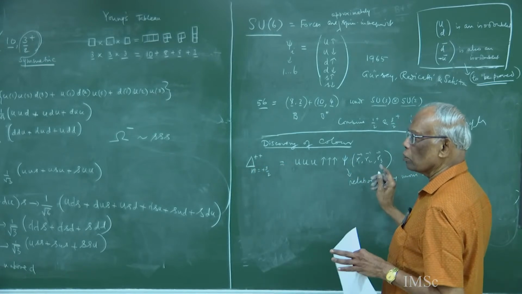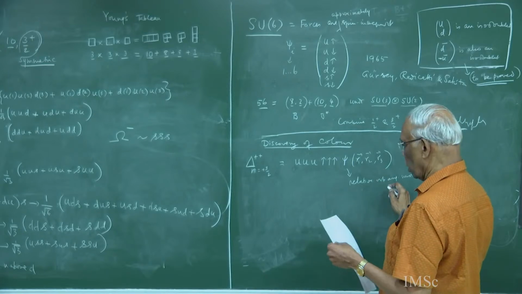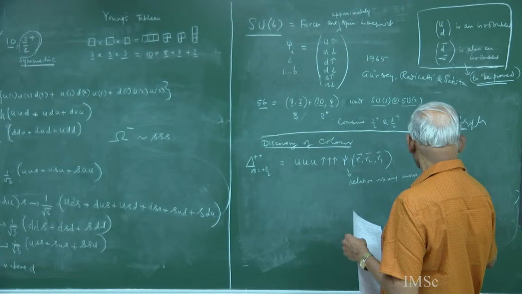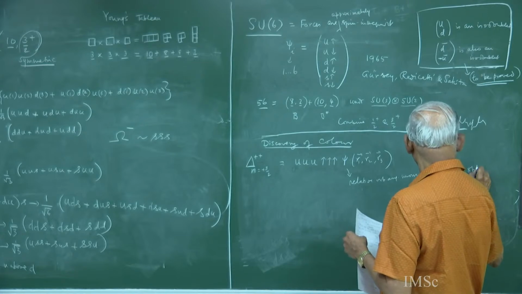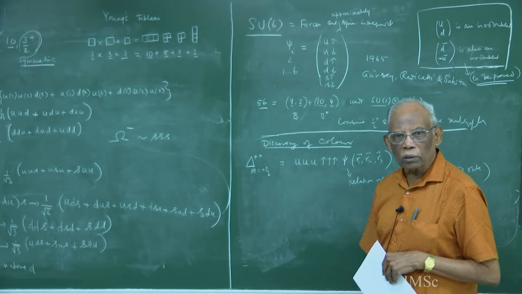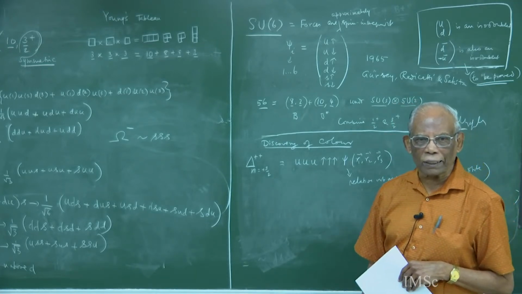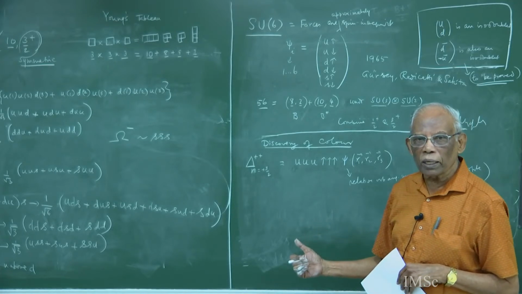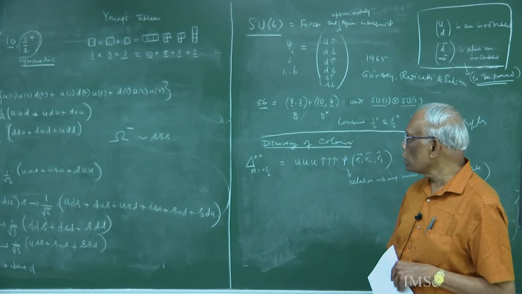Orbital part is 0. That is the characteristic of any ground state. Like in the hydrogen atom, the ground state wave function has orbital angular momentum 0, the S state. So, the same thing is presumably valid for the quark bound state also.